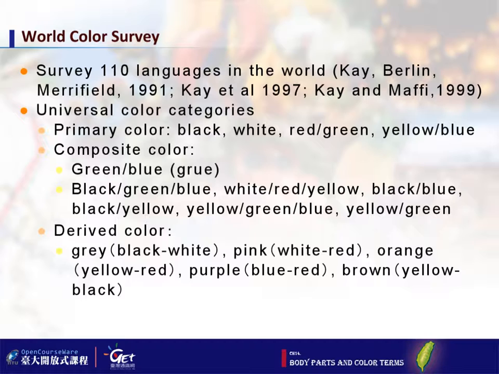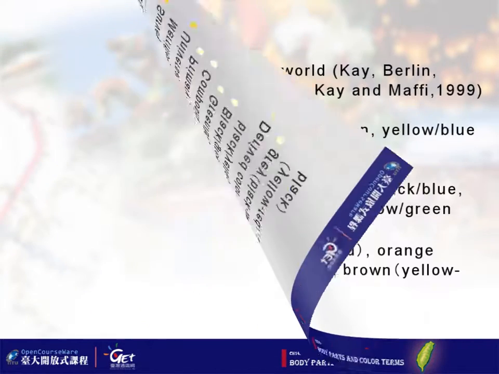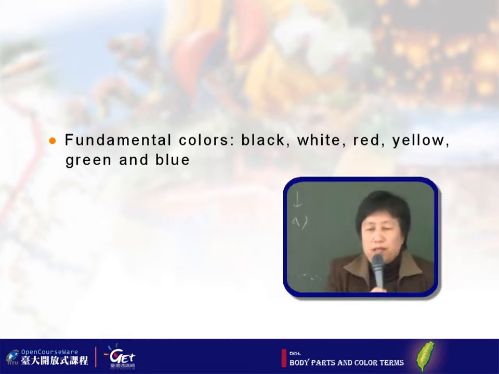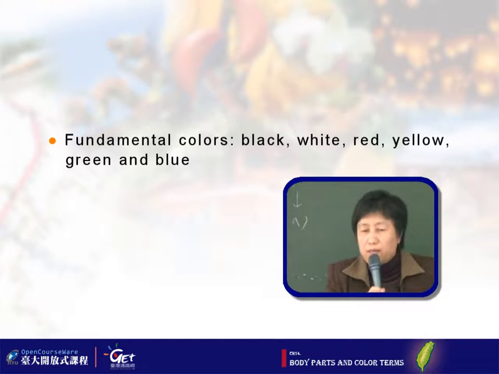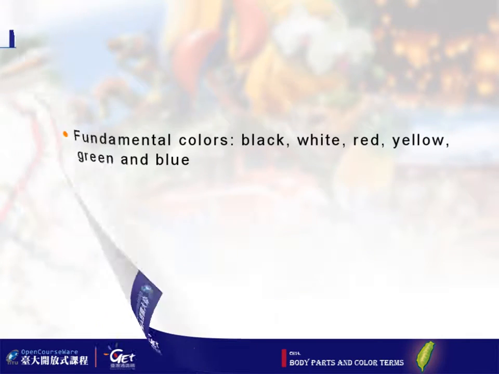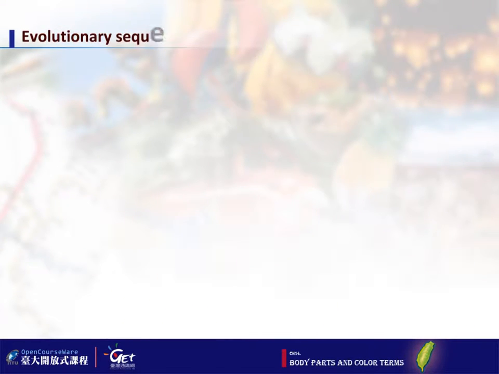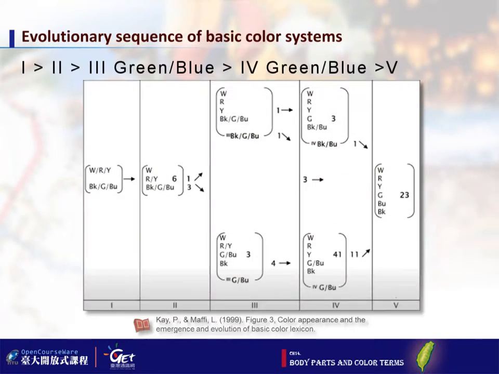The World Color Survey is trying to see, when languages name the colors, how many colors each language would have, and whether they would be primary colors, composite colors, or derived colors. So they look at the fundamental colors like black, white, red, yellow, green, and blue, and in the study, they show this evolutionary sequence of basic color systems.